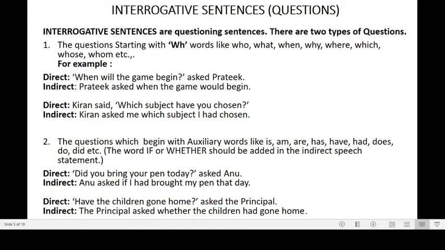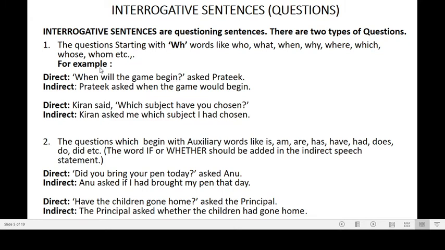The questions starting with WH words like who, what, when, why, where, which, whose, whom, etc. are called WH questions. So, the questions which begin with WH words such as who, what, when, why, where, which, these kinds of questions are called WH questions.